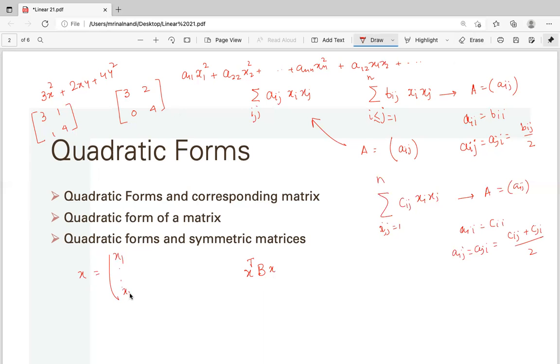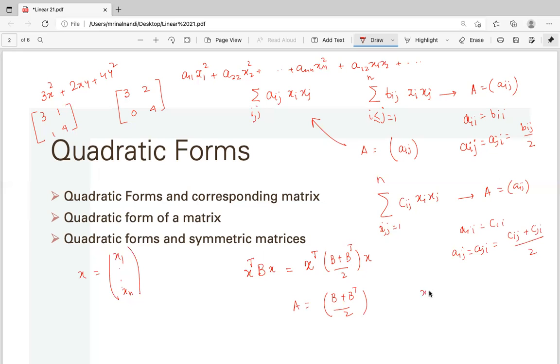Now x transpose Bx, B is a given matrix, and that you can write as x transpose (B plus B transpose by 2) x. So this is your A, and this is a symmetric matrix. B plus B transpose by 2 is the symmetric matrix, and these two quadratic forms are the same.